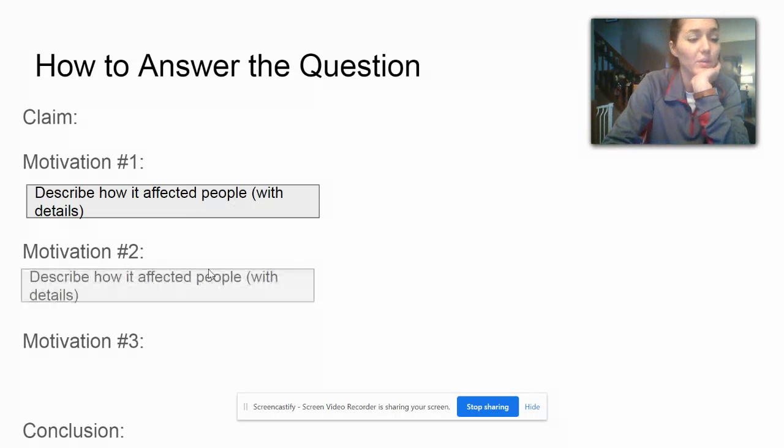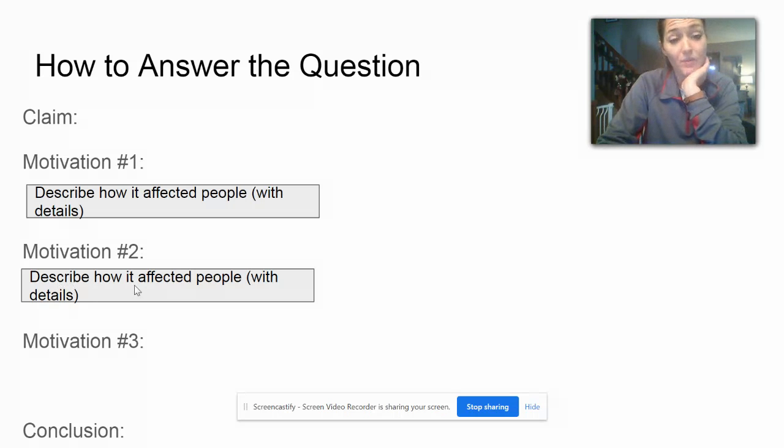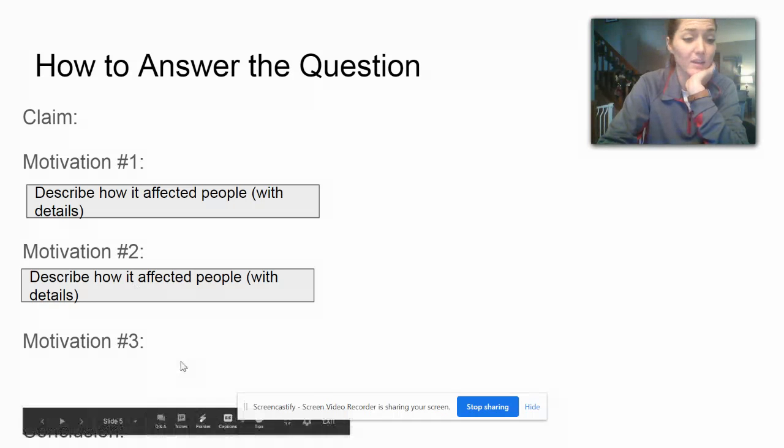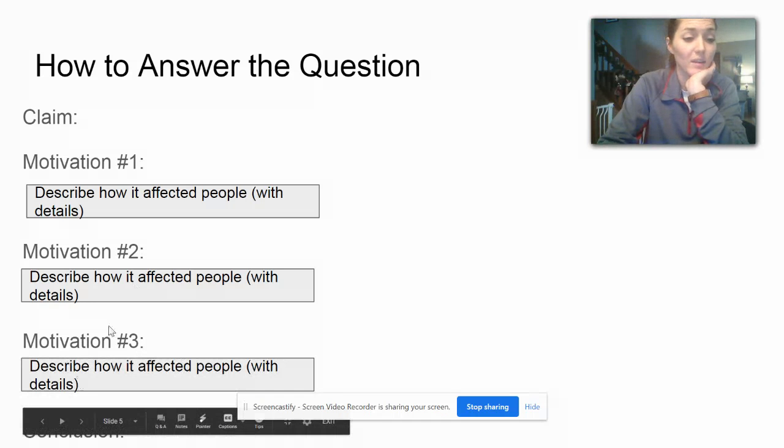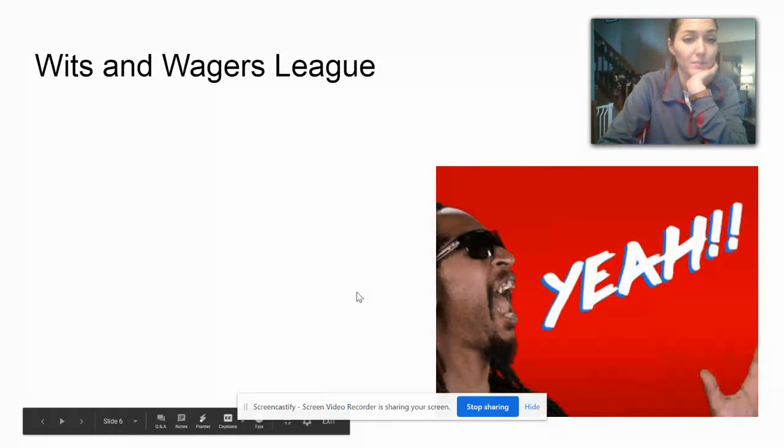Okay, so same thing with number 2. You're going to say Europeans were motivated by, describing how it affects people. You would say it caused, for example, in Africa, in Asia, in Latin America. Same thing with number 3. Europeans were motivated by, and this caused, for example, in Africa, in Latin America.